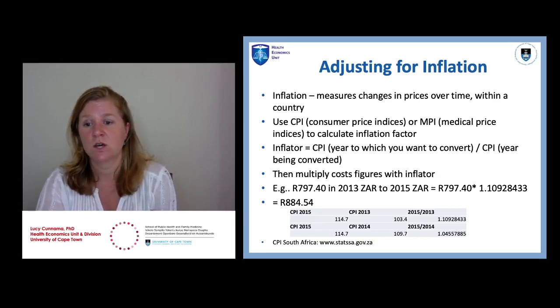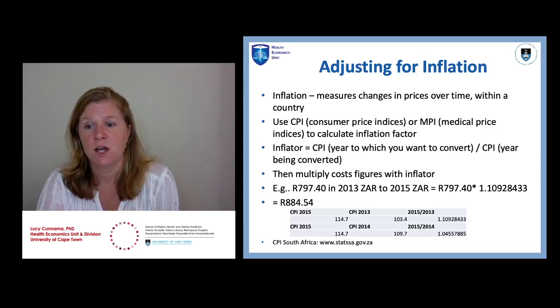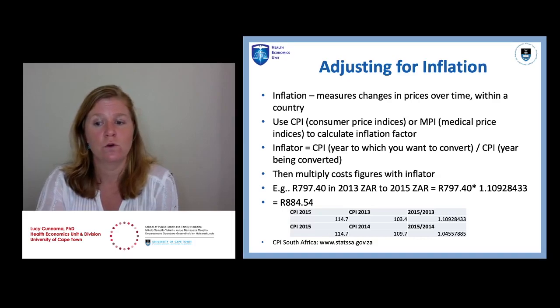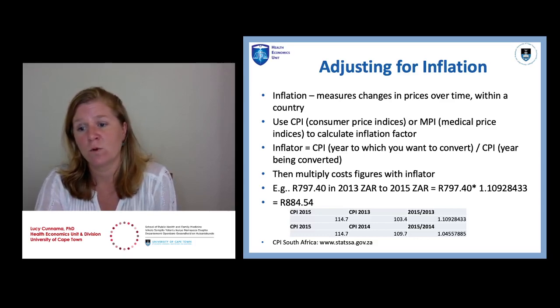So if, for instance, we have cost information or price information in 2013 rands, and we want to inflate this to 2015 rands, we would have the CPI for 2015 and the CPI for 2013, and we would divide the CPI for 2015, which is 114.7, by that 103.4 for the CPI for 2013, and we get an inflator of 1.109.